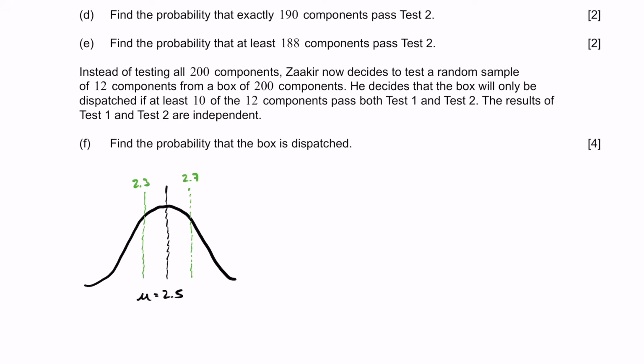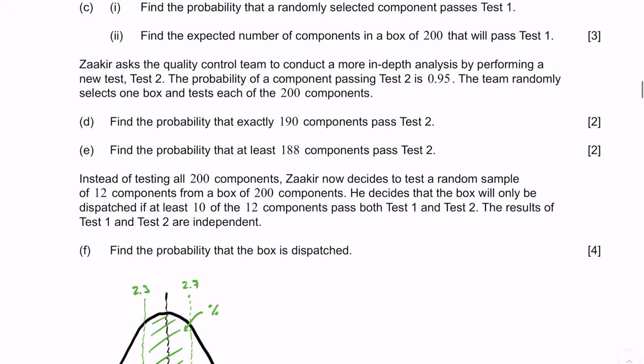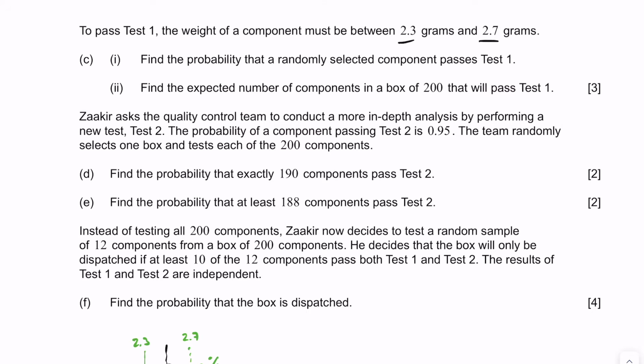Once again, everything under the curve represents the total number of components. So essentially we want to ask the question, what is the percentage between 2.3 and 2.7? What is the probability of a component being within this range?